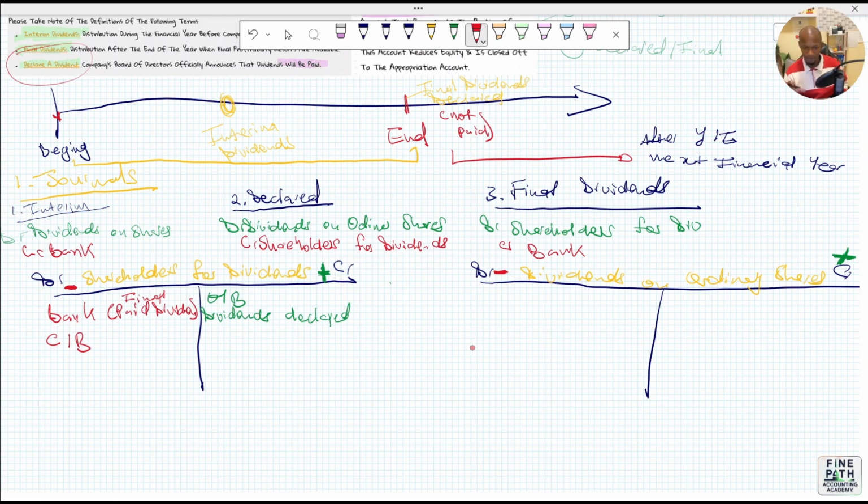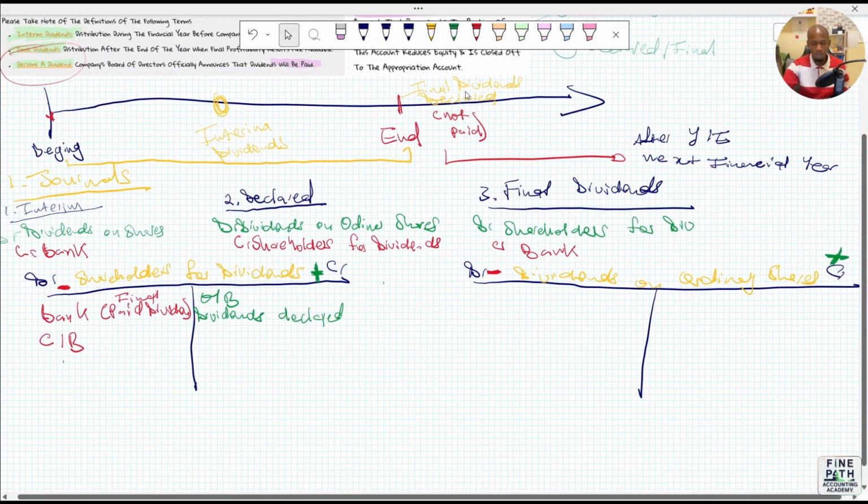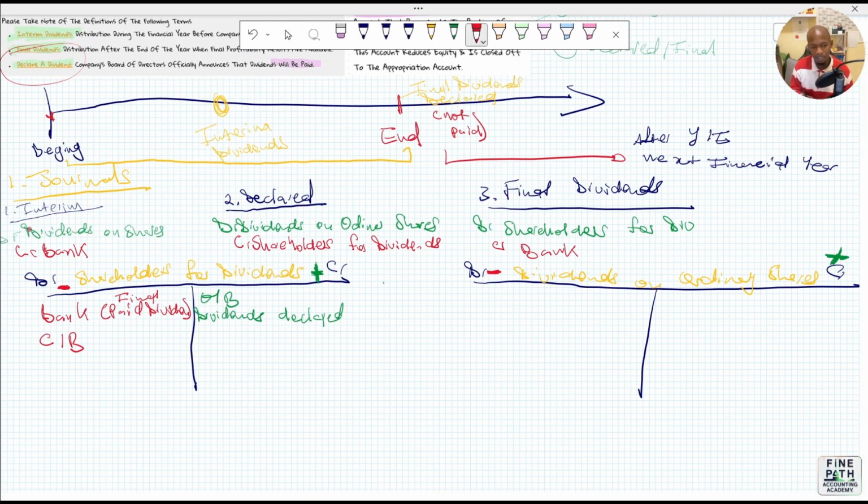This is an equity account, so it means that it will be closed off to a certain account, and we will close this off to our appropriation account. So now let us record this here. Again, for our interims, initially the bank was credited and then we debited this account. So we would need to debit this account by bank, which is what has been paid, because it reduces this account there.